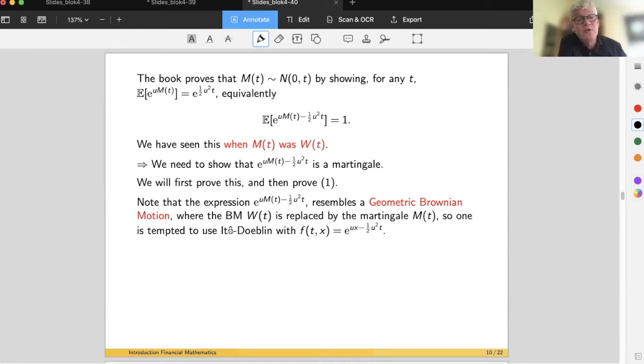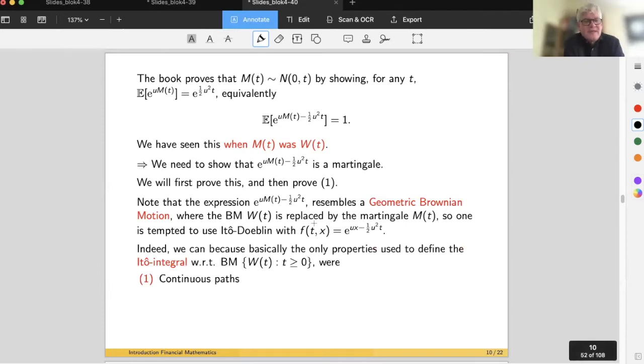One is tempted to use the Ito-Doeblin formula, and then it makes sense to choose f(t, x) being e to the power ux minus 1/2 u squared times t, and we substitute for x M_t. That makes sense, and we will do that indeed.